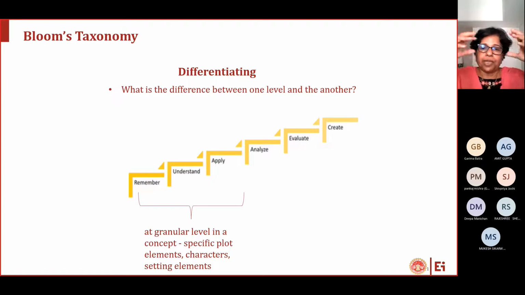You take a concept of plot, and inside the plot, there are events happening, there is a conflict happening, there is a resolution happening. All these you test at the event level, at a granular level. So remember, understand, and apply are all focusing on the granular level of a concept.